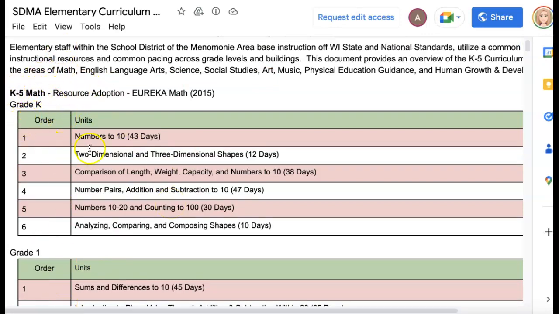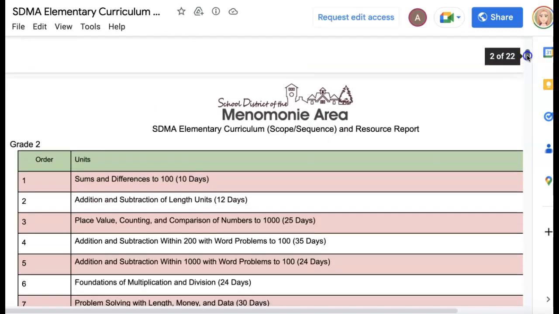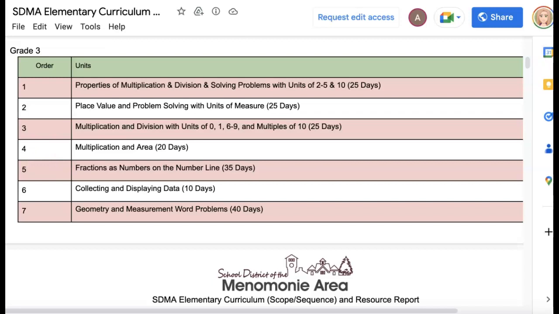So in kindergarten, you would be spending 43 days on numbers to 10, 12 days on 2-dimensional and 3-dimensional shapes, 38 days comparing length, weight, capacity, and numbers to 10, so on and so forth. And then as you scroll down, you'll continue to see what is being done in math at the different grade levels.